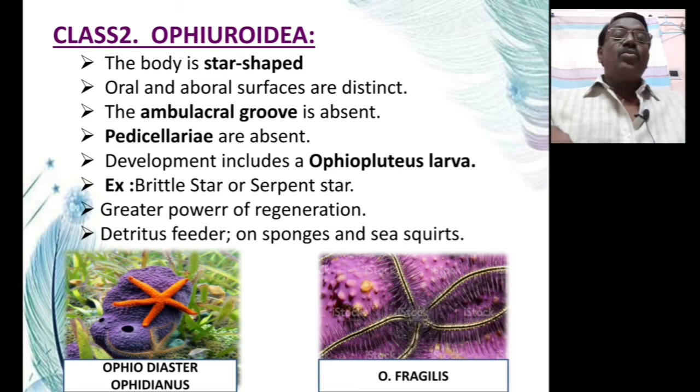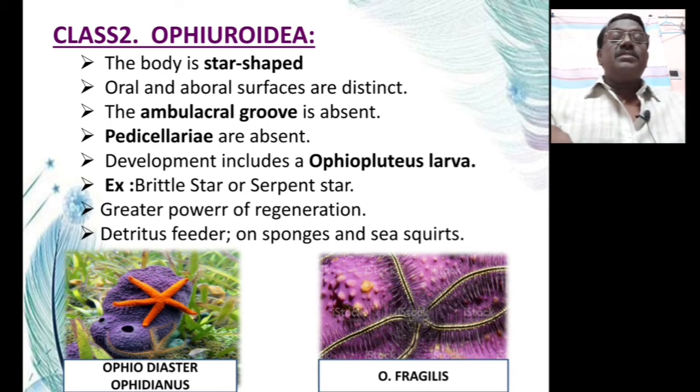Since the ambulacral groove as well as pedicel areas are absent, the body is highly flexible in these organisms. So, they can move the arms in any direction. They are not as rigid as in the case of asteroids. And the animals belonging to the class OPHIUROIDEA have a greater power of regeneration.